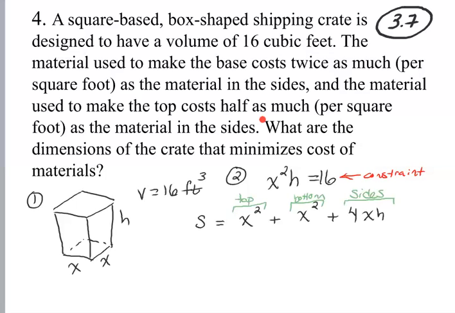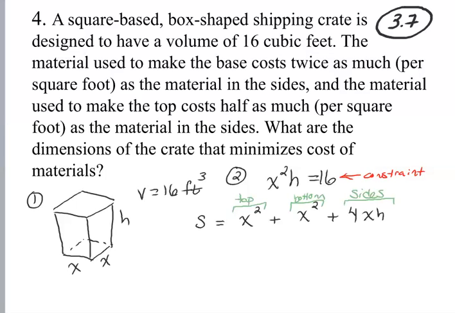All I'm wanting to find is the dimensions that make that cost a minimum. So let's just say, for instance, that the sides cost $1 per square foot. Then the bottom is twice as much, so it's $2 per square foot. And the top would cost half as much, 50 cents per square foot.